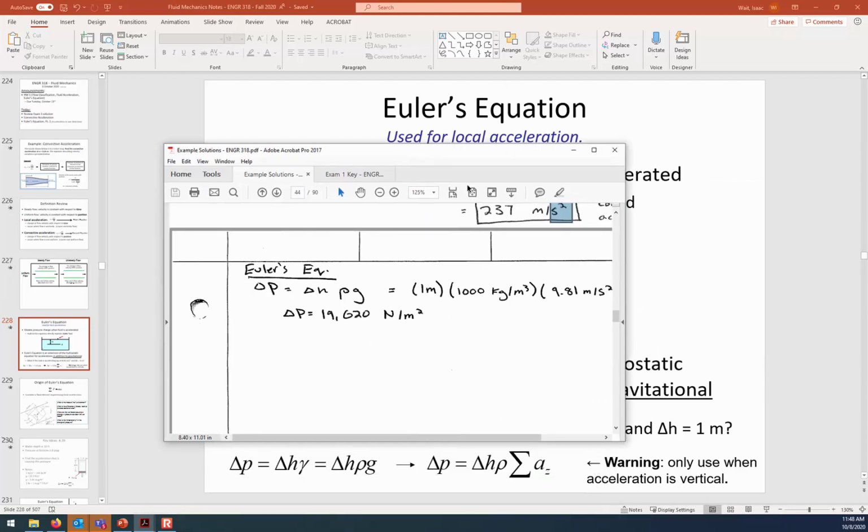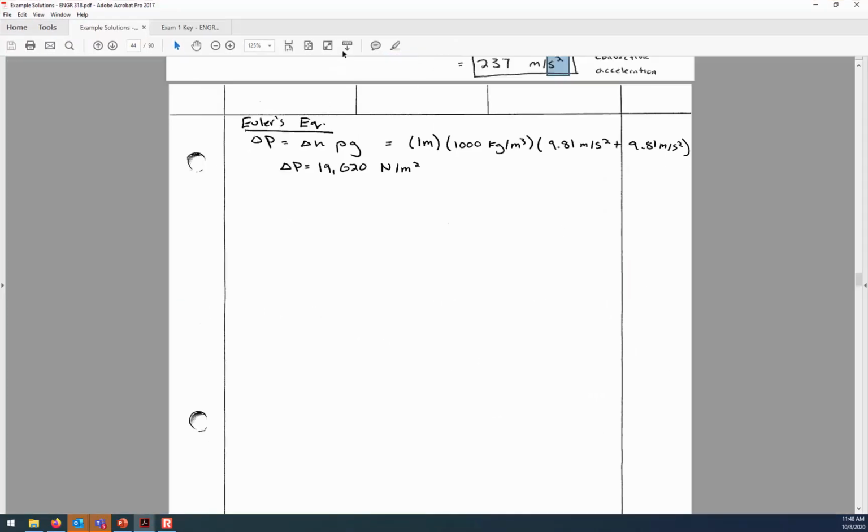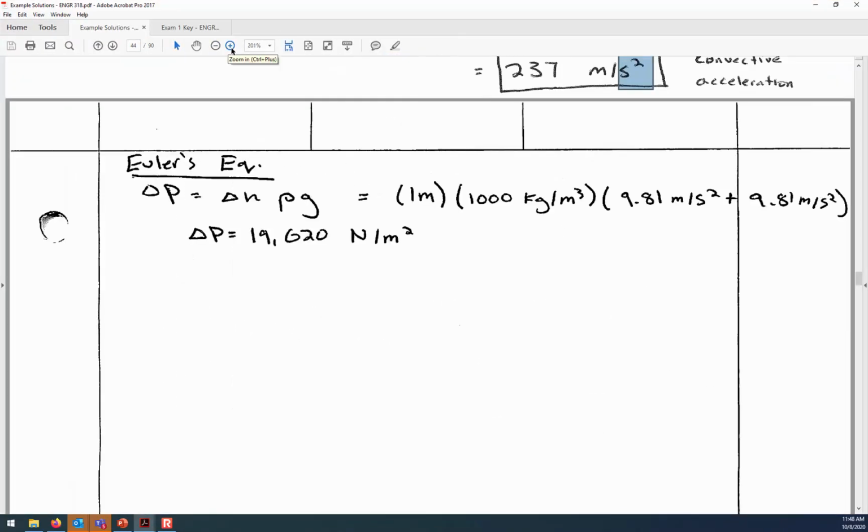If it's accelerating upward, then the g that applies is both gravitational acceleration and the additional 9.81 meters per second squared. So the pressure increase is going to be double what you'd ordinarily see.